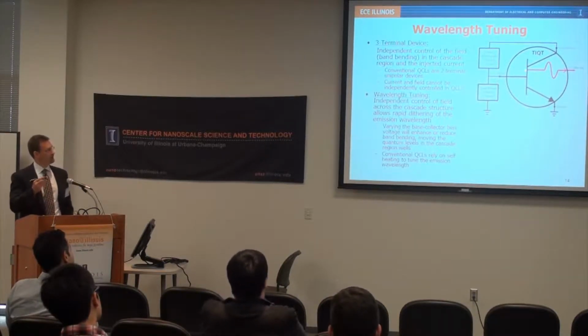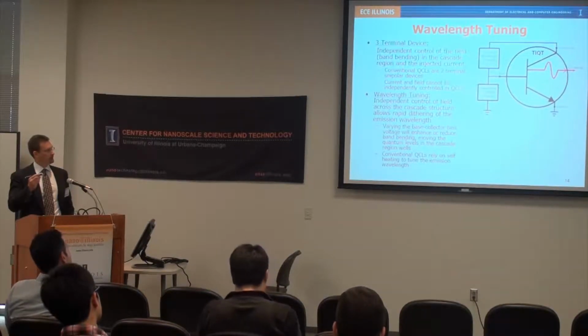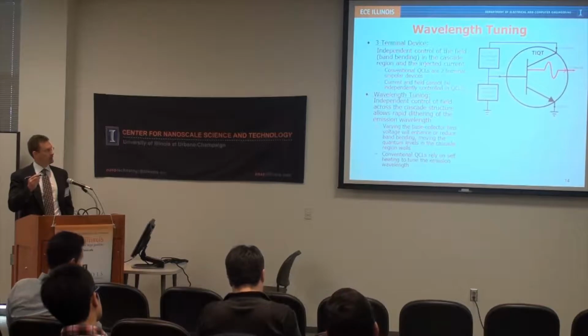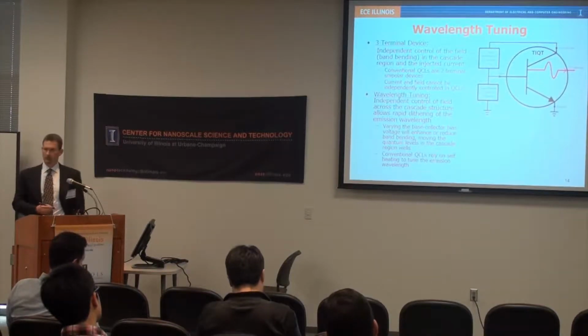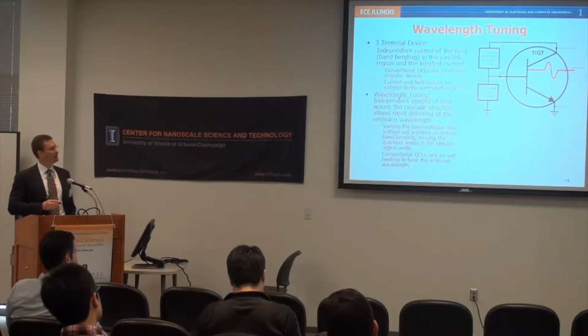In this particular application, what we would do is have a common emitter configuration where we use one circuit to control the base current, and as a consequence, the laser power. So we have a fixed laser power or a fixed current going in.